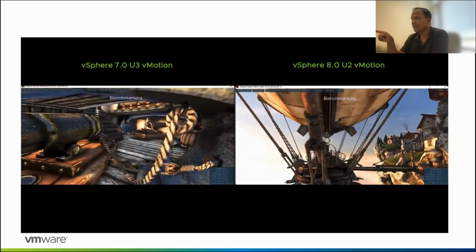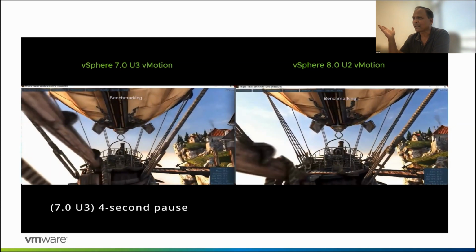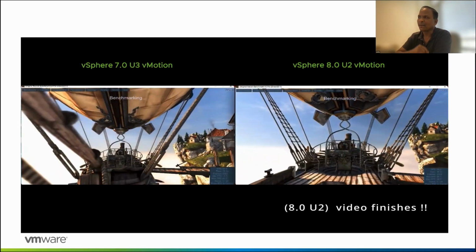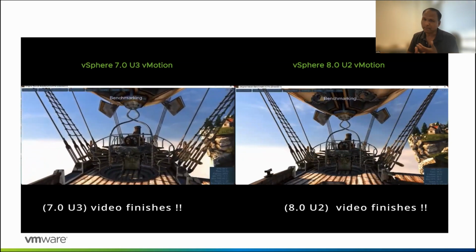And now the second vMotion is already complete on 8.0, and you don't even see any impact on the workload. Once again, you see one more 4 second pause on 7.0 U3. If you look on the right side, the 30 second video that we're playing finished 7 seconds before it finished playing on 7.0 U3. So overall, as you can see, the user experience is far superior on 8.0 U2.